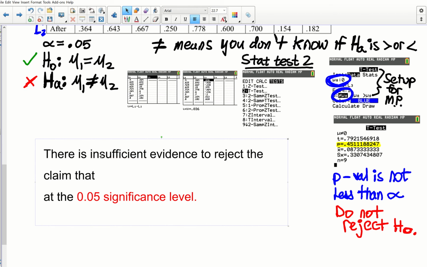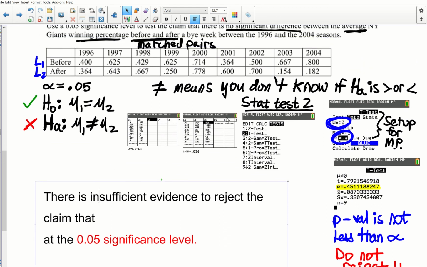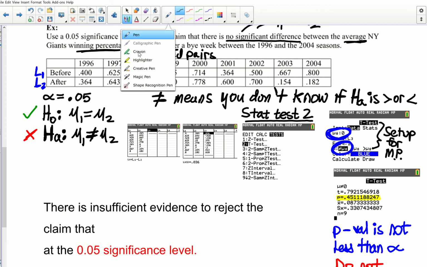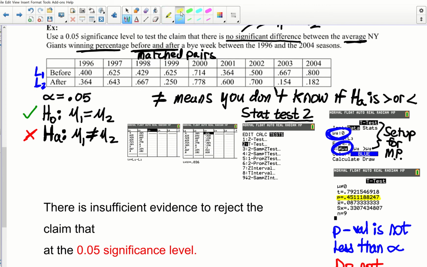All right. So there is insufficient evidence to reject the claim that, this one's an easier one to write because we're just pulling the words right from the question, that there is, and I'll highlight it up here. I think my normal highlighter will work for this. It's a little chunkier.